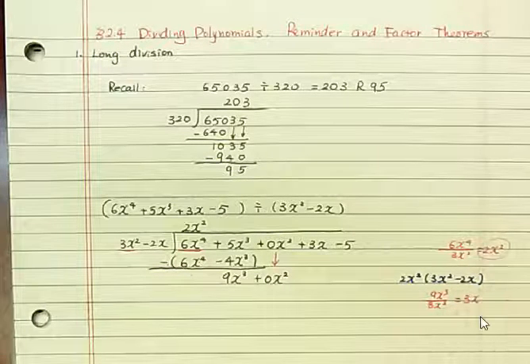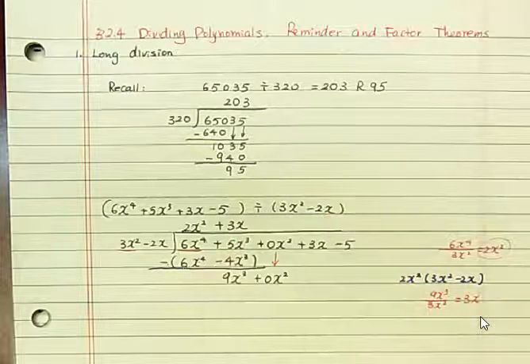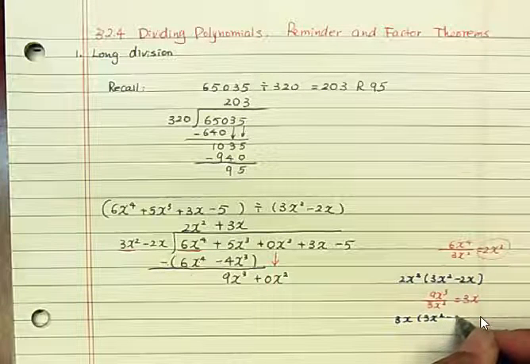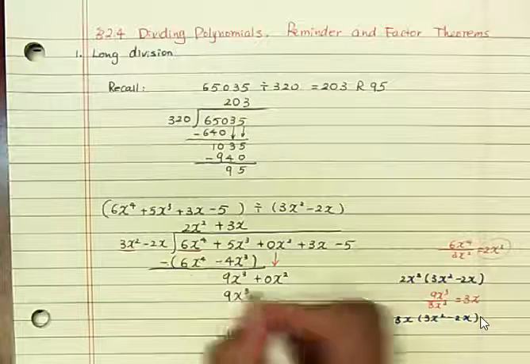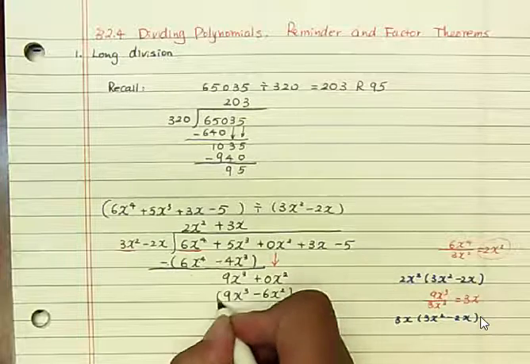So what we have in here is 3x. So that goes to our quotient, plus 3x. Similar idea. I'm going to use 3x times the divisor. So that will give me 9x cubed minus 6x squared. Okay, subtraction.